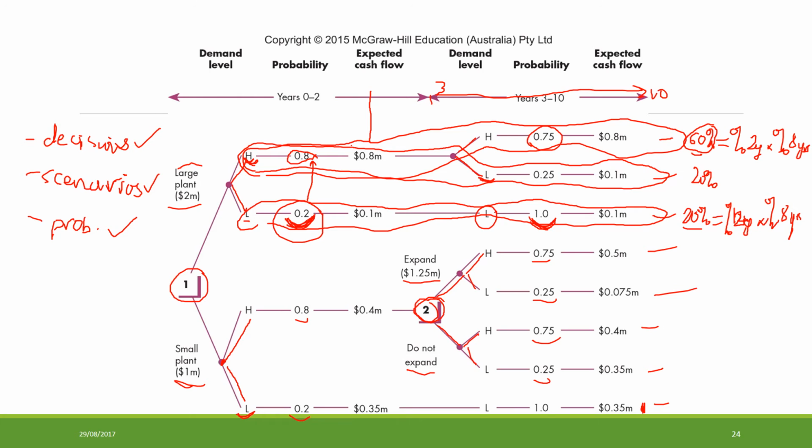We also know from the question that for each probability we have an estimate of the cash flows, right? So using this information, we can calculate the probability weighted NPV for each of the different scenarios.